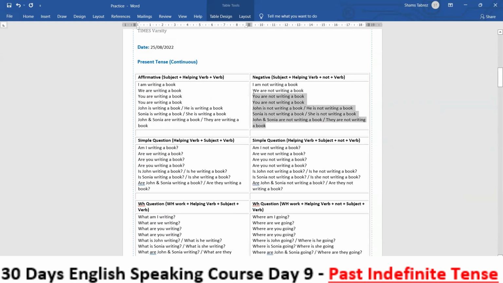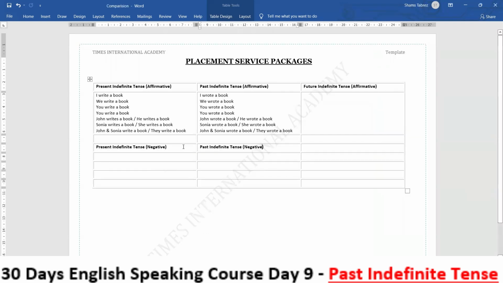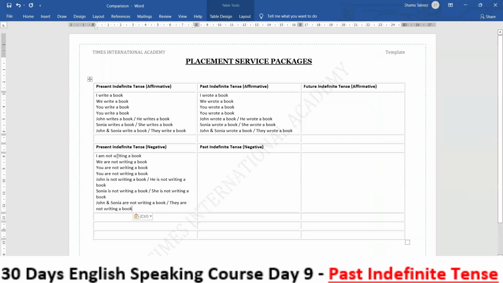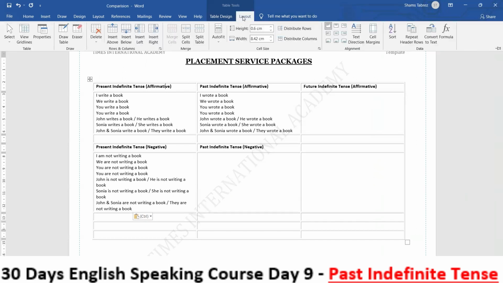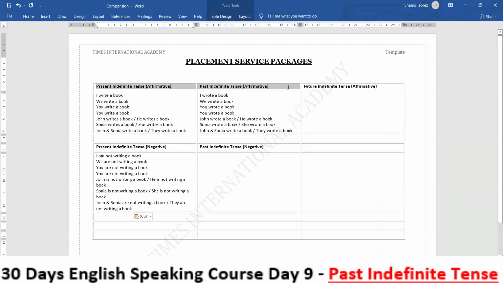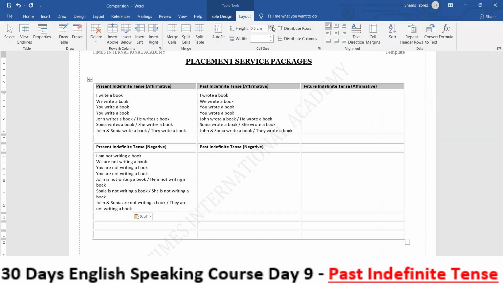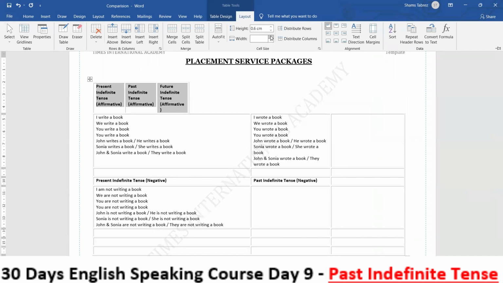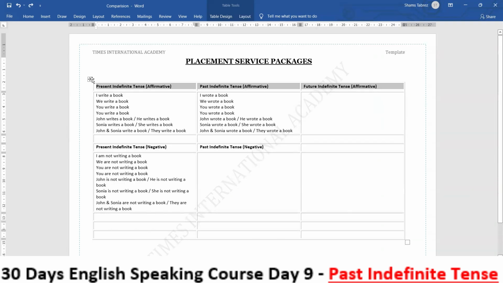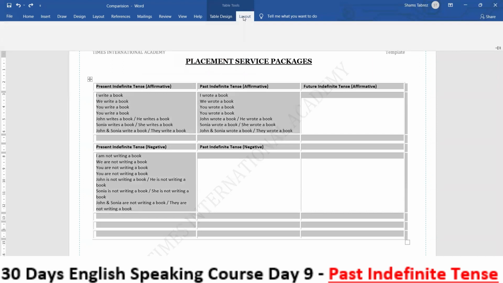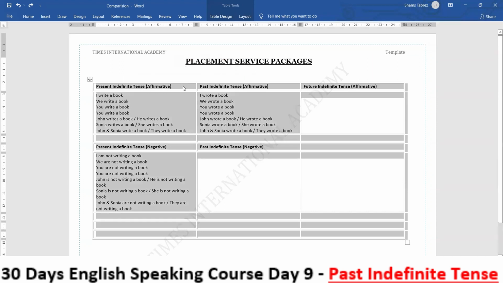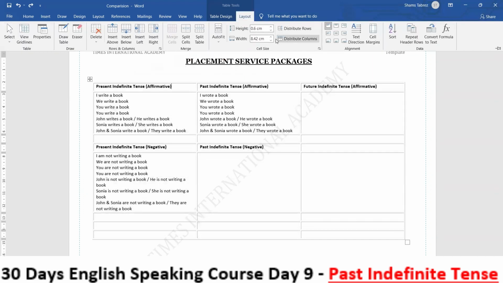These are the negative sentences. I will increase the width of these columns.